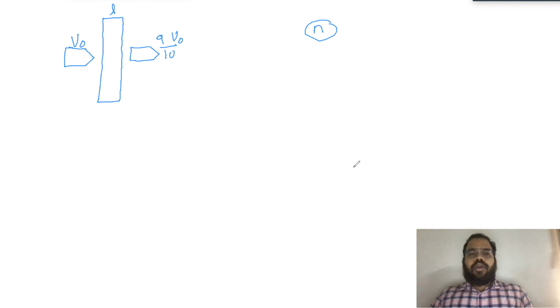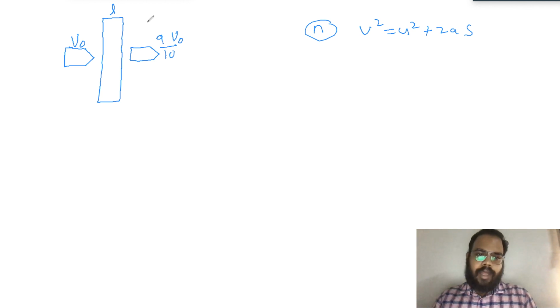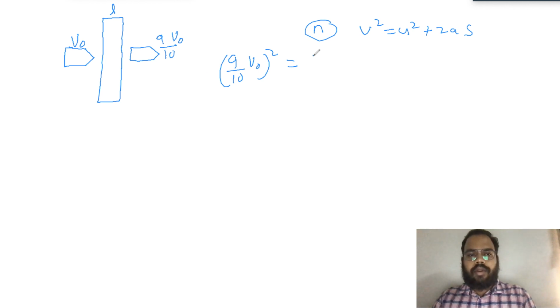And stop. So let's solve. In this question I'll be using the third formula, that is v square is equal to u square plus 2as. I'll apply this for one bunker. My final velocity is 9/10 v0, squared, is equal to initial velocity square, that is v0 square, and since the velocity is reducing, it will be retardation, so my acceleration will be minus a.